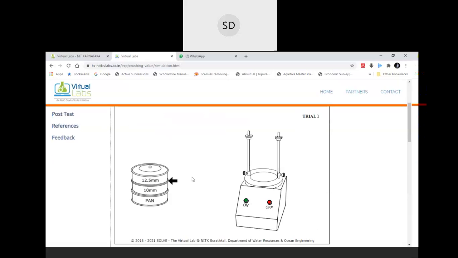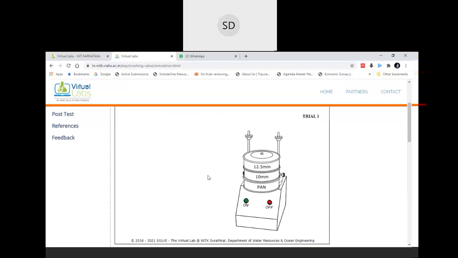There is an automatic sieve shaker. If an automatic sieve shaker is not present, you can do it manually. For the automatic sieve shaker, you have to clamp this, and then the sieving procedure will start.